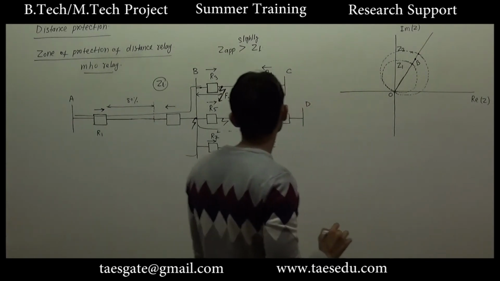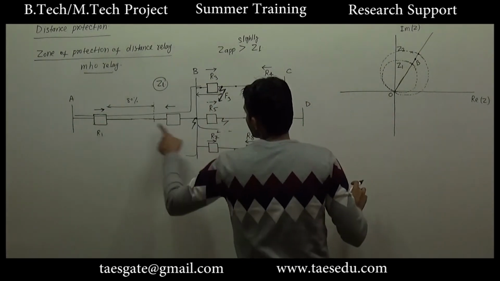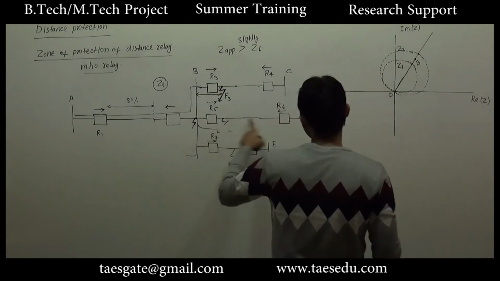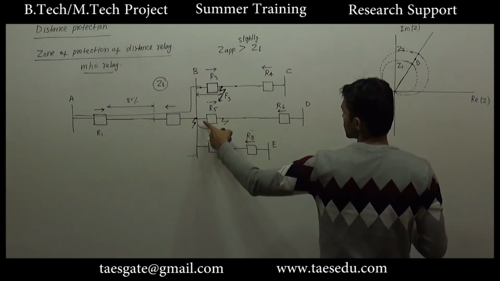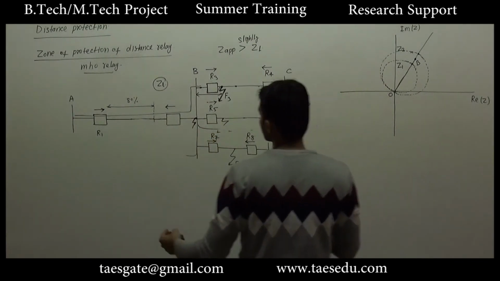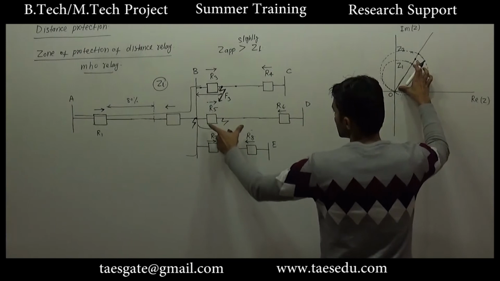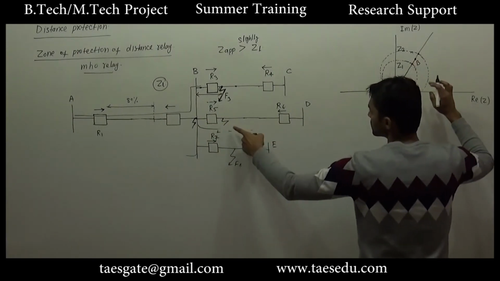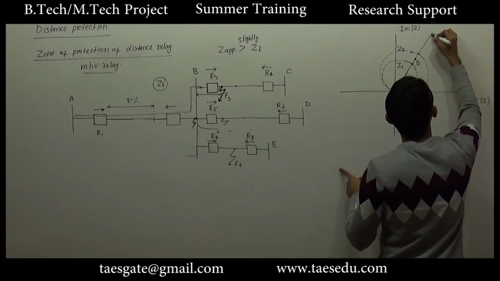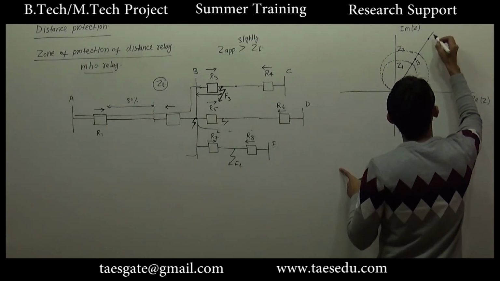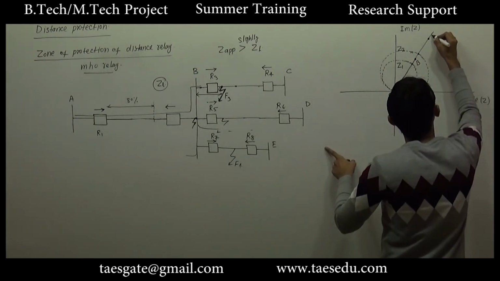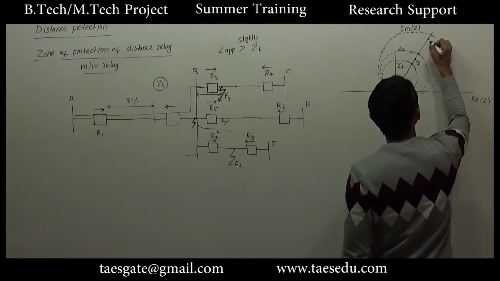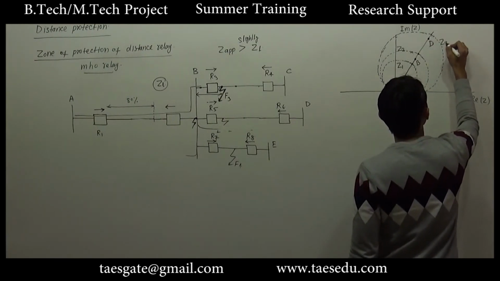And Z3 is, this whole impedance is OP. Let's say this impedance is OD. So the total impedance will be OB plus impedance of the longest line. So let's say D is here, and Z3 will be OB plus 110% of OD. This point is D, and this is boundary of Z3.